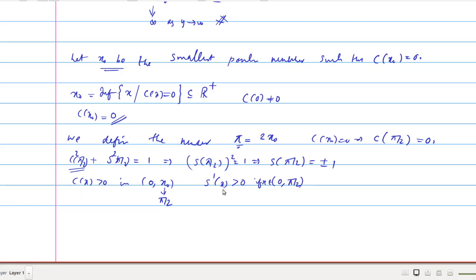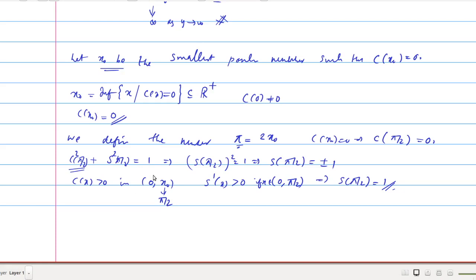This shows that in this interval s is increasing. Since s of 0 is equal to 0 and s is increasing, s of pi by 2 cannot be negative. So s of pi by 2 is 1.